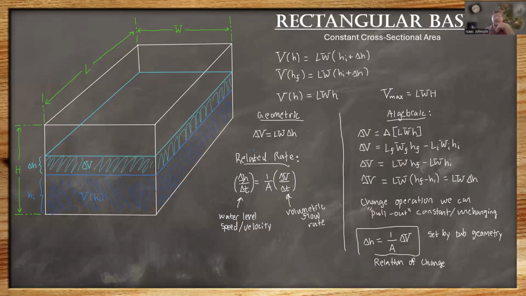Yeah, absolutely. Because they have to be related in this way, right? We know that delta H over delta T has to be related to delta V over delta T by this one over area term. So we know that much. But I guess what I'm asking is, do we have to have the volumetric flow rate be constant for this relationship to work? Not necessarily.